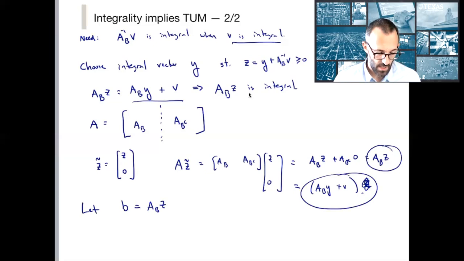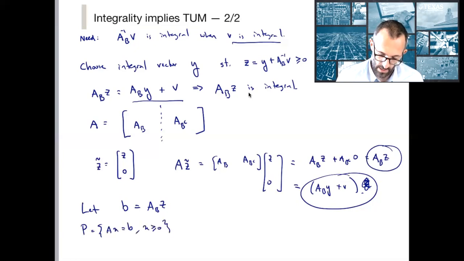This value. And now let's consider the polytope. This is where we're going to use our assumption. P is equal to the set where AX equals B such that X is non-negative. We know that B is integral, so any extreme point is integral. But we just designed an extreme point.